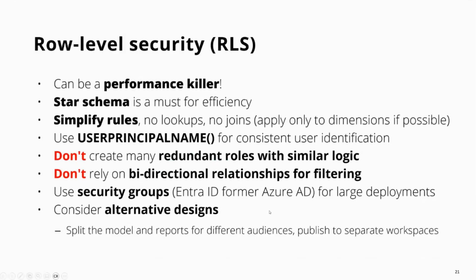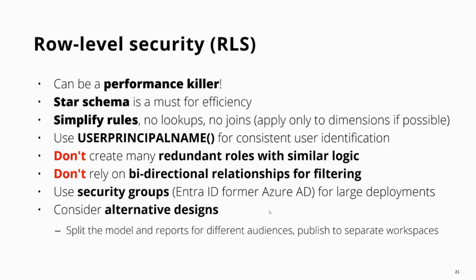Okay, and if the row-level security becomes too complex to maintain or slows down your reports noticeably, maybe yes, this alternative design is an approach that you can use, right? To rethink the model architecture or user segmentation. I know this might come as a bit of a surprise, right?